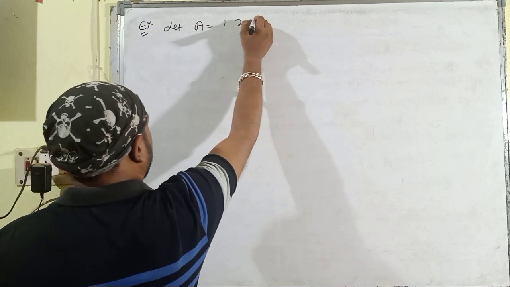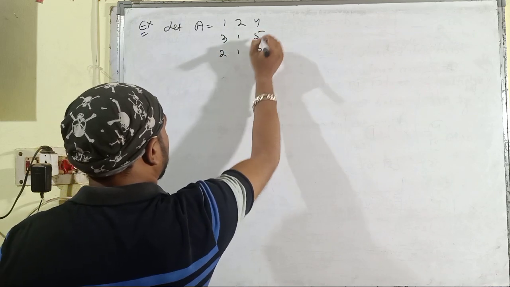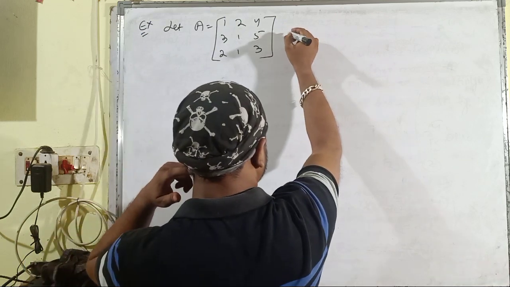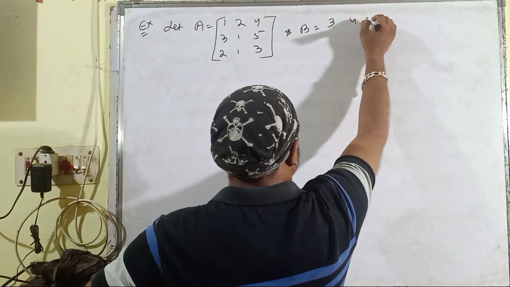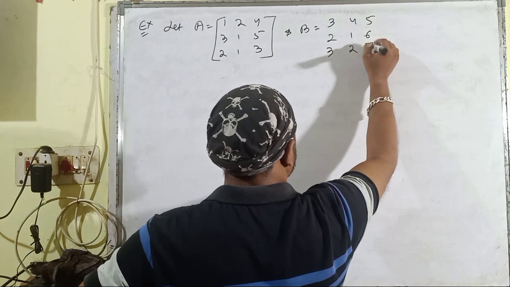Let A = [[1, 2, 4], [3, 1, 5], [2, 1, 3]], and it will be multiplied with B = [[3, 4, 5], [2, 1, 6], [3, 2, 7]].